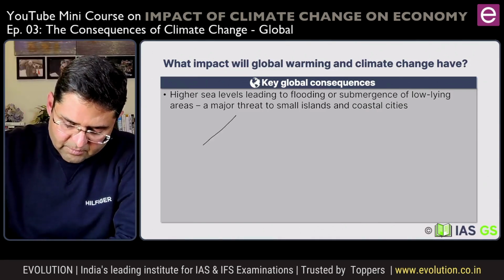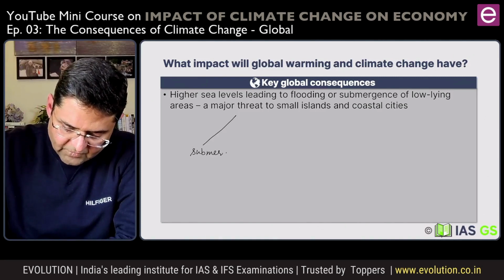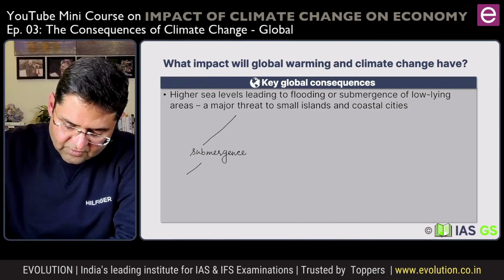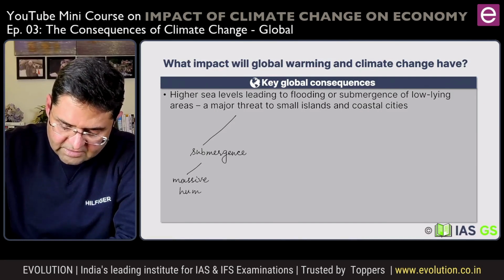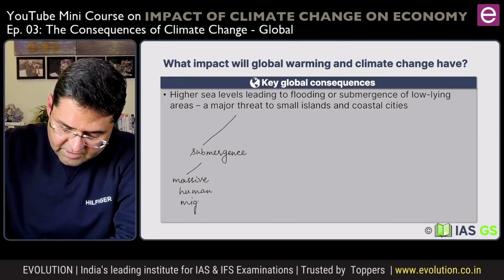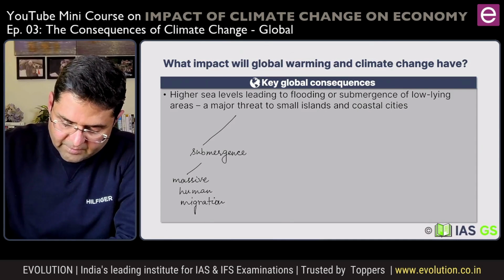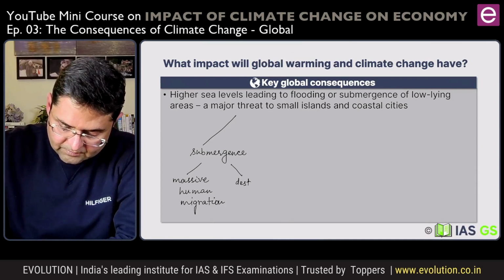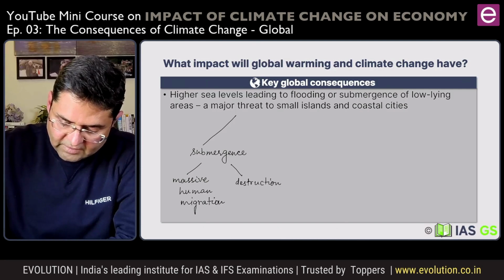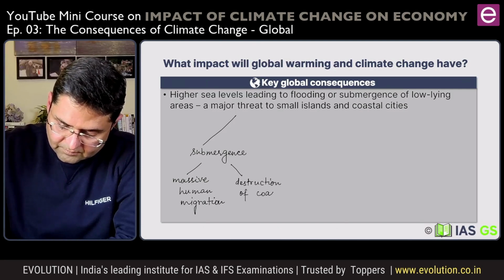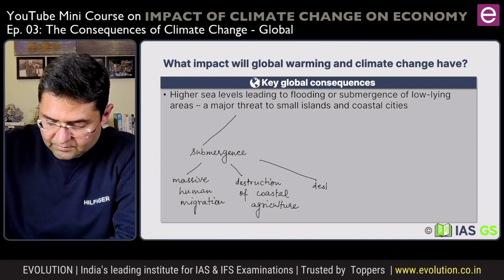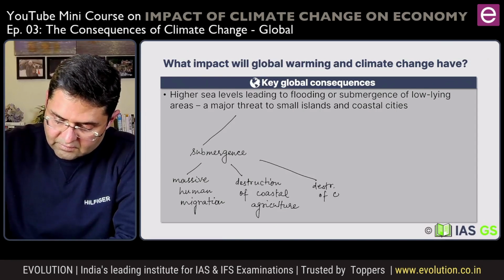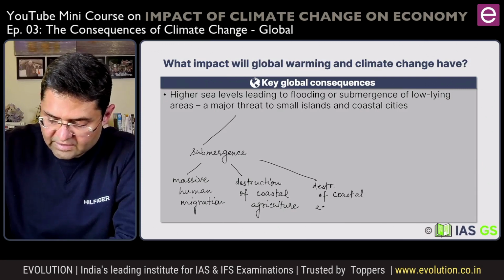So the first thing that we are talking about is submergence. And submergence of coastal areas will mean massive human migration. And that brings you to the concept of climate refugees, right? Apart from that, destruction of coastal agriculture, similarly, destruction of coastal economic activities and infrastructure.